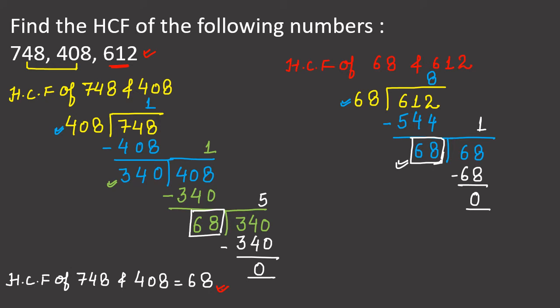So this divisor which we obtained in the second step, the last divisor, will be the HCF of all the three numbers given to us. Therefore, answer is HCF of 748, 408 and 612 is equal to 68.